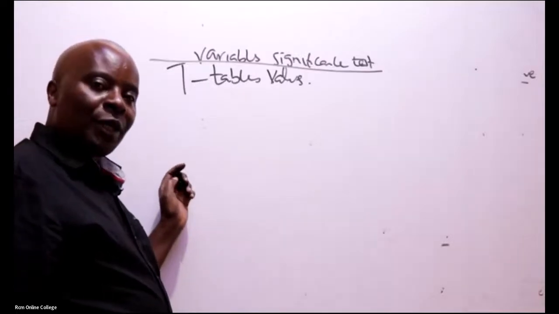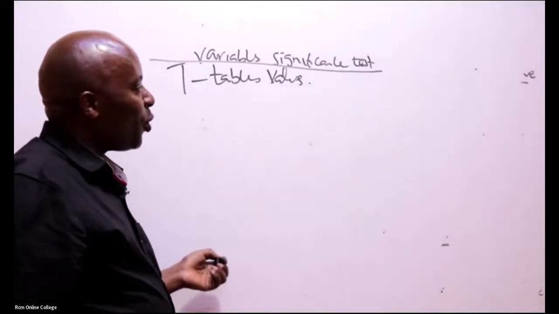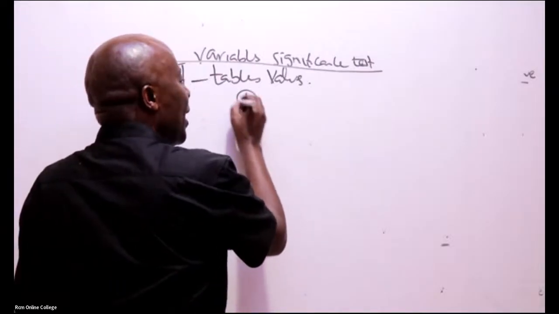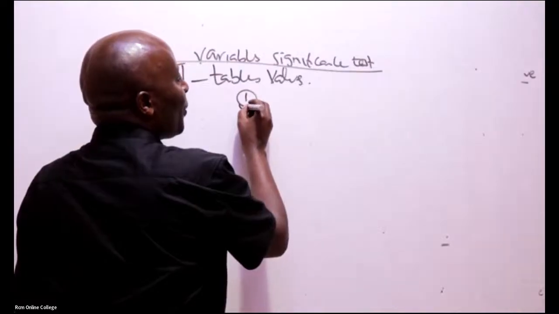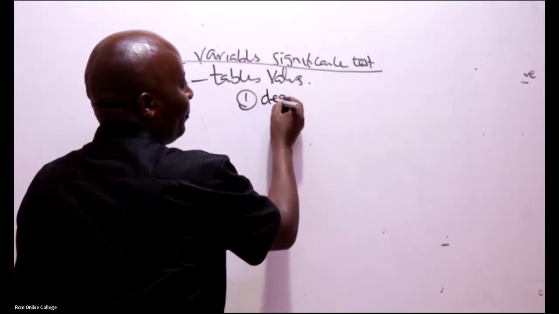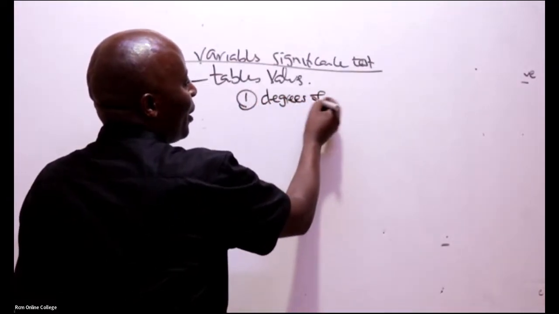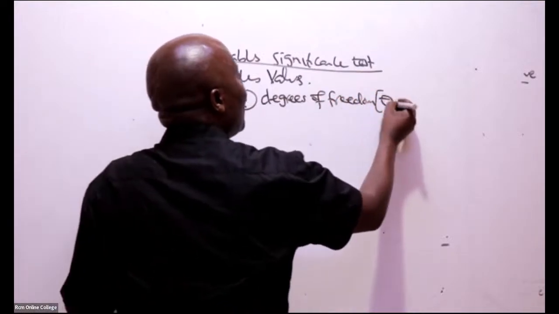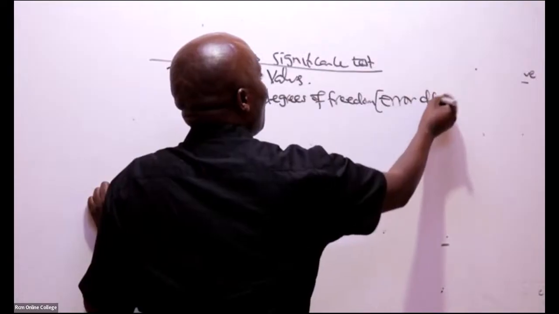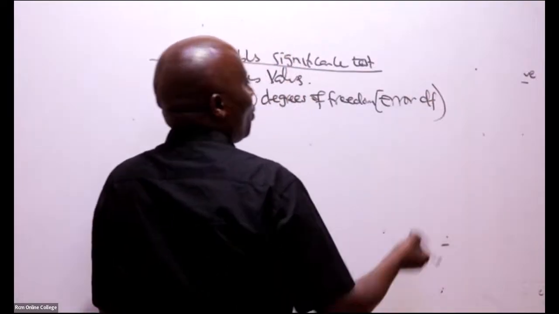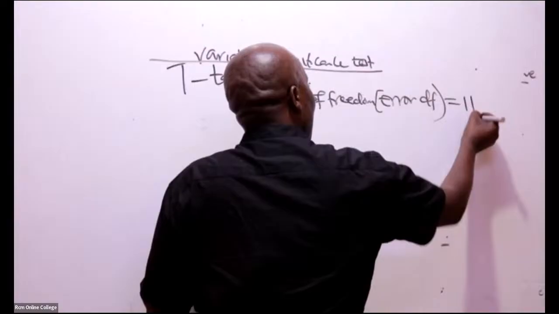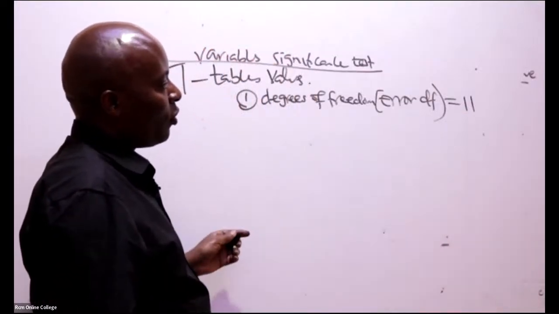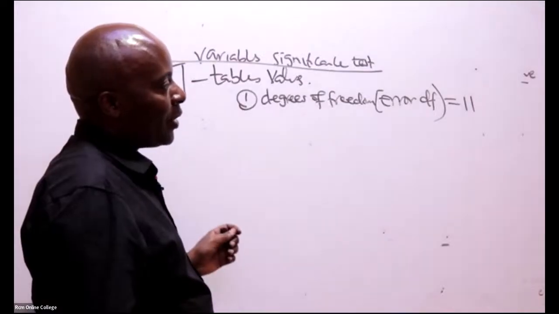To read this T tables value, we need, number one, degrees of freedom. These will always be the error degrees of freedom, which you had given to me as 11.